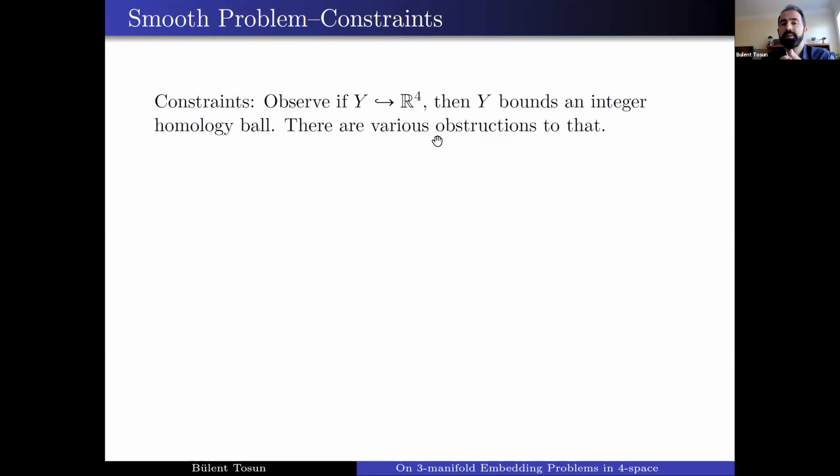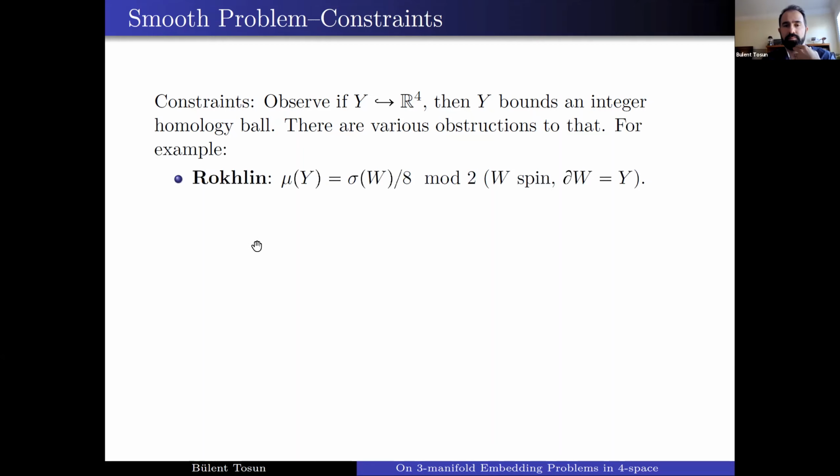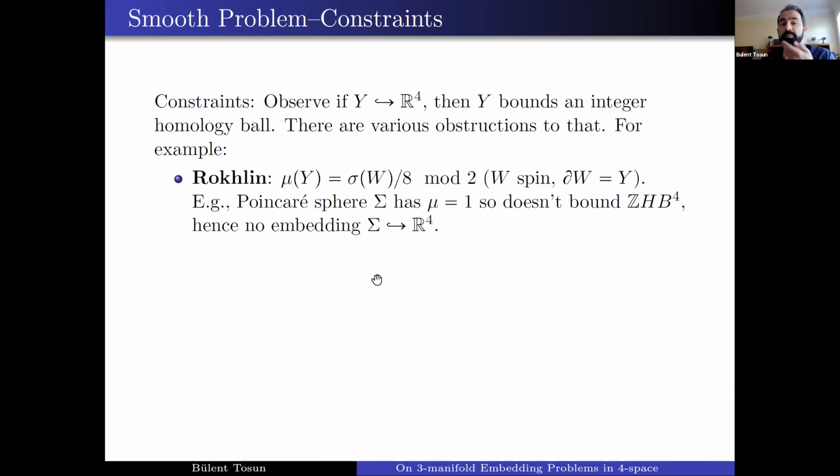And then you might be interested in obstructing this embedding. You could think about a bit harder problem, namely try to obstruct a given 3-manifold from bounding an integer homology ball. And indeed, this is exactly how you can use, for example, the Rokhlin invariant to prevent the Poincaré homology sphere from embedding in R4 smoothly. And in our notation in the previous slide, this Poincaré sphere is nothing but Sigma(2,3,5).